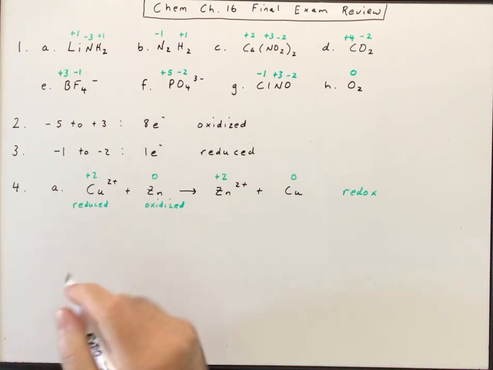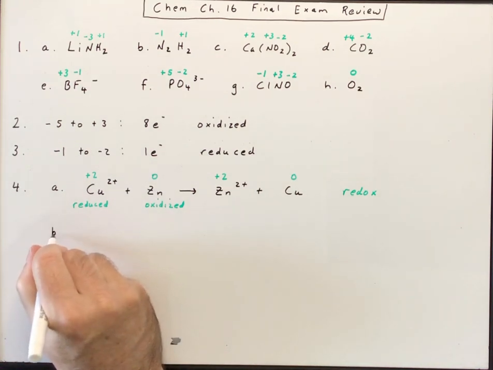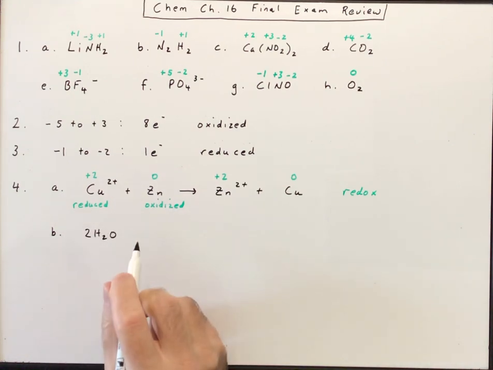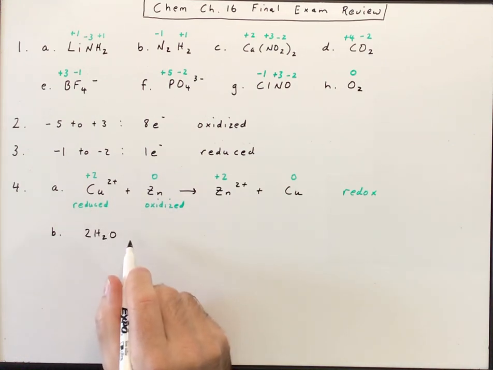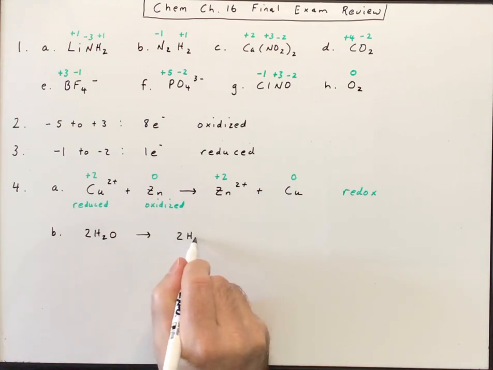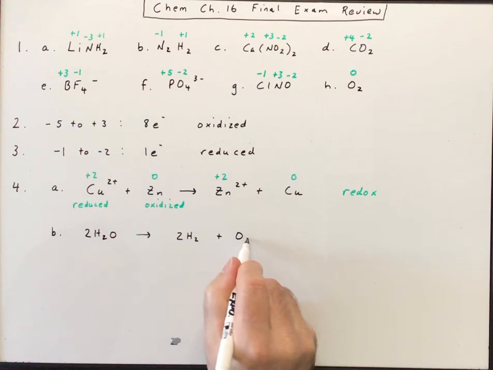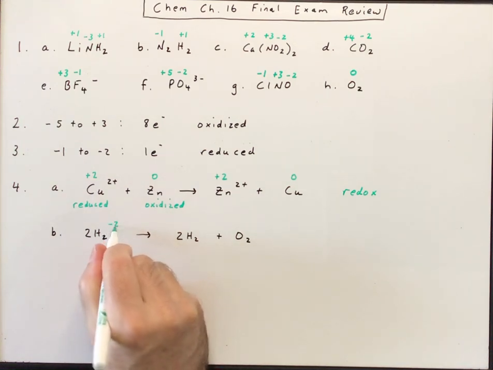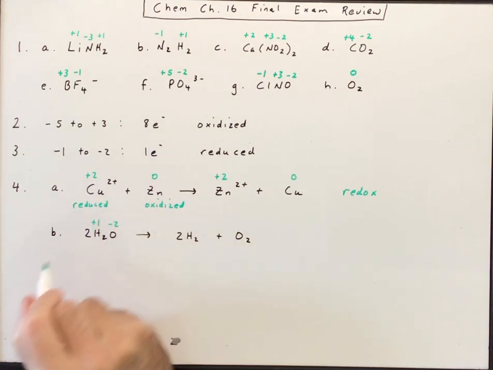All right, part B, we have 2H2O, and that yields 2H2 plus O2. Okay, so for oxygen it's -2. For hydrogen would be +1. Both of those have rules.